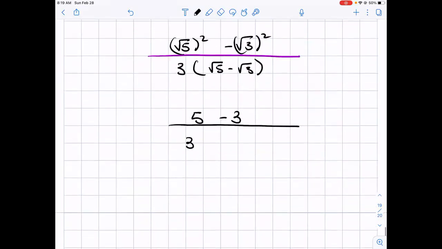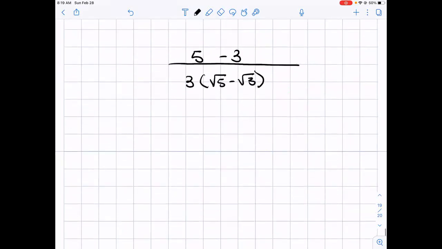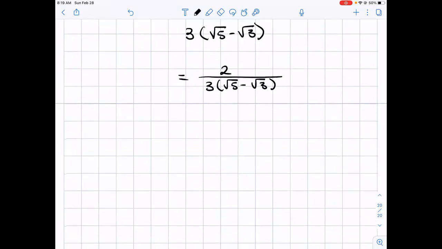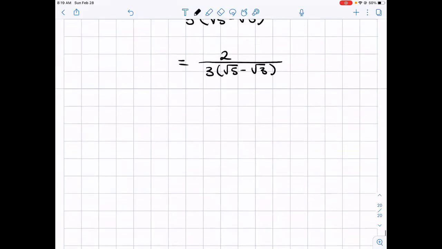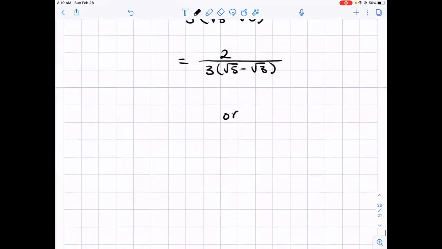Now 5 minus 3, I know that will give me 2 over 3 times the root of 5 minus the root of 3. And we can leave it, there is no simplification there, or we can say 2 over 3 root 5 minus 2 over 3 root 3. Okay, so either one of these will be correct.